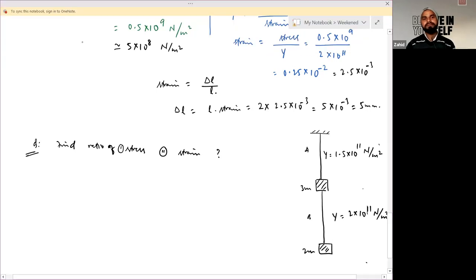Try to solve, if both wires have the same length and same area of cross section. If the wires are identical, having the same area of cross section and the same length.